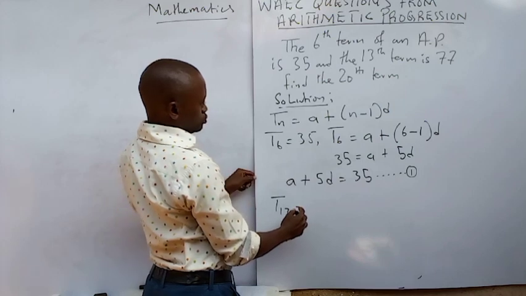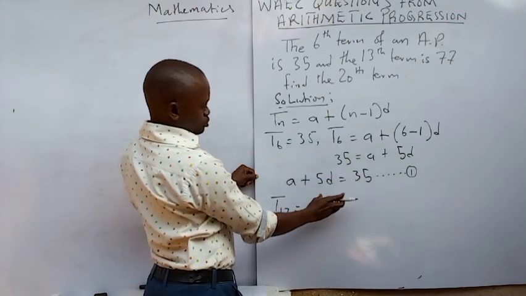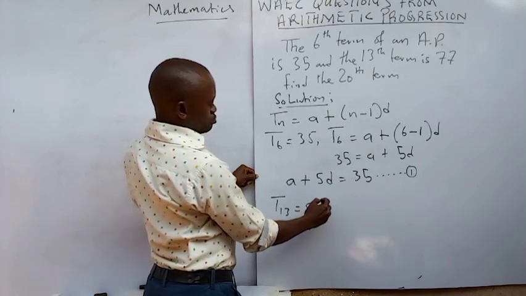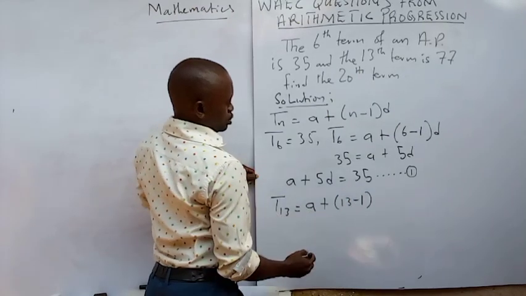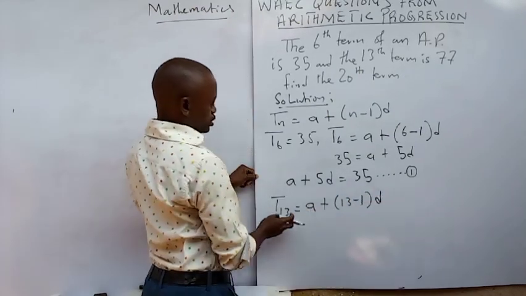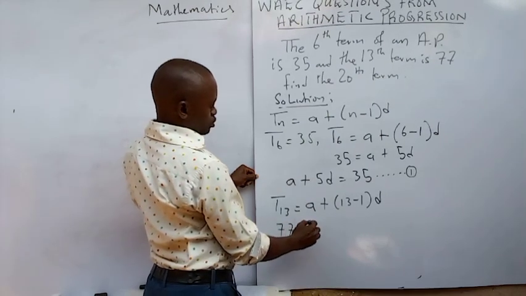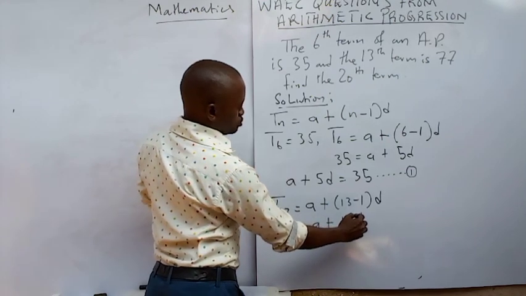is equal to the first term plus 13 minus 1, then the common difference. I'm sure this detail will help you to get what I'm going to do here. This 13th term is said to be 77, equal to the first term plus, then this will be 12D.